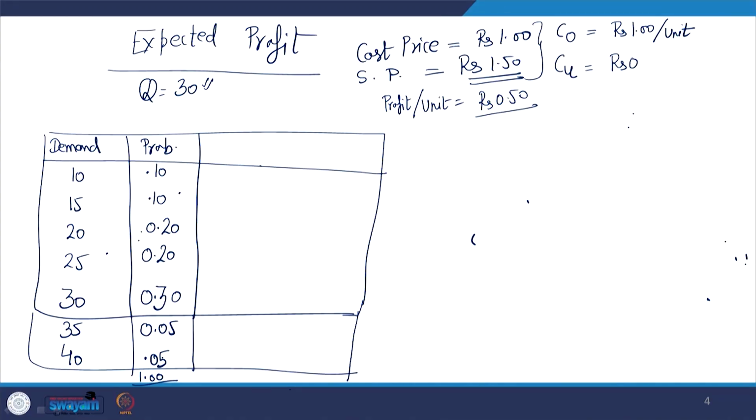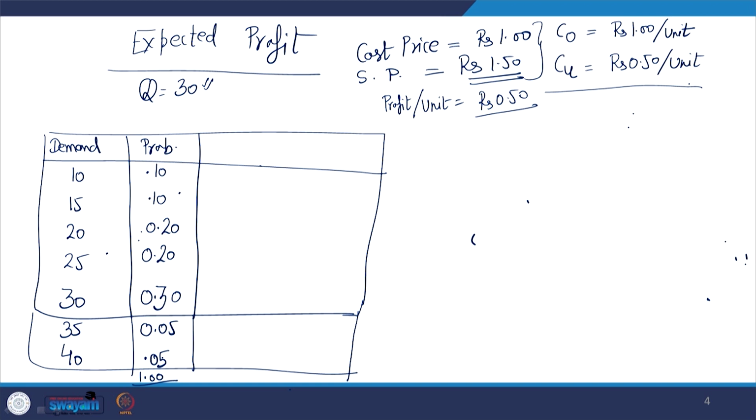So, you are deprived of some profit. That is the cost of understocking. It will be the profit which is not earned by you. So, the profit per unit is 50 paisa, and that is your cost of understocking in this particular case. So, we got the meaning of cost of overstocking and cost of understocking.